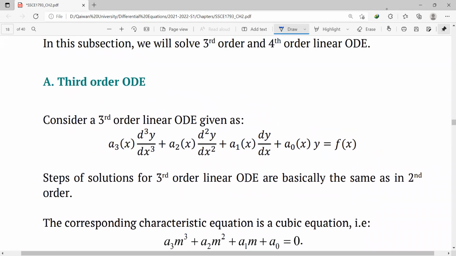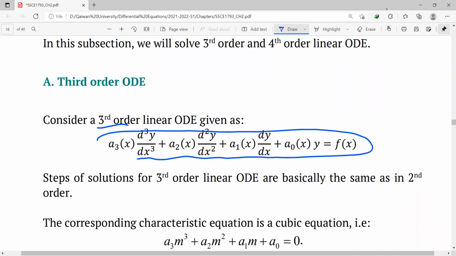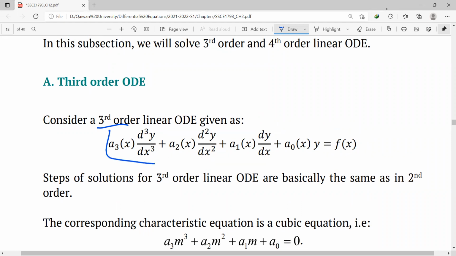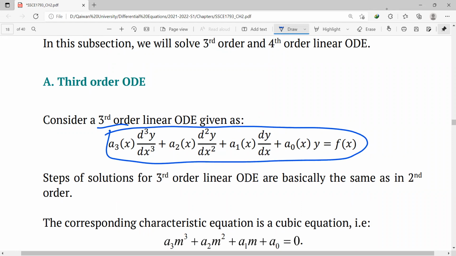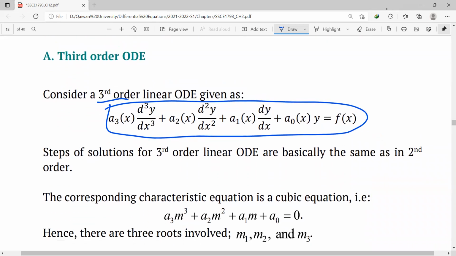For third order, this is the general form of the third order linear ordinary differential equation. It's the same as the previous. If f of x is 0, we just have the homogeneous solution, and it will be the general solution.